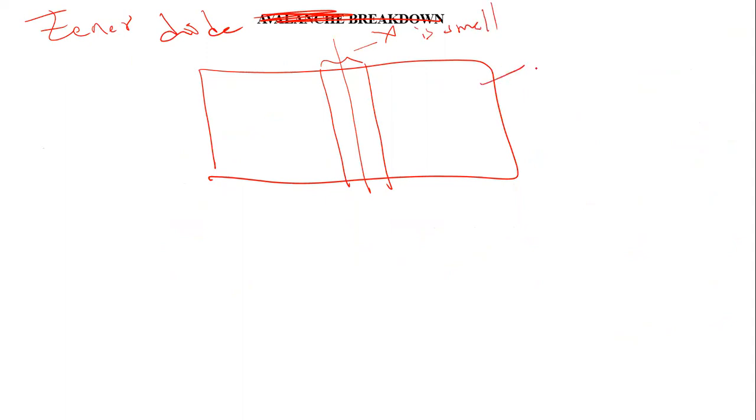This is N-type, and this is, let's say, P-type. So if the depletion width is small, there is already an electric field. If you remember the depletion region, the N side is positive, the P side is negative. So there is already a strong electric field like this, the built-in electric field.